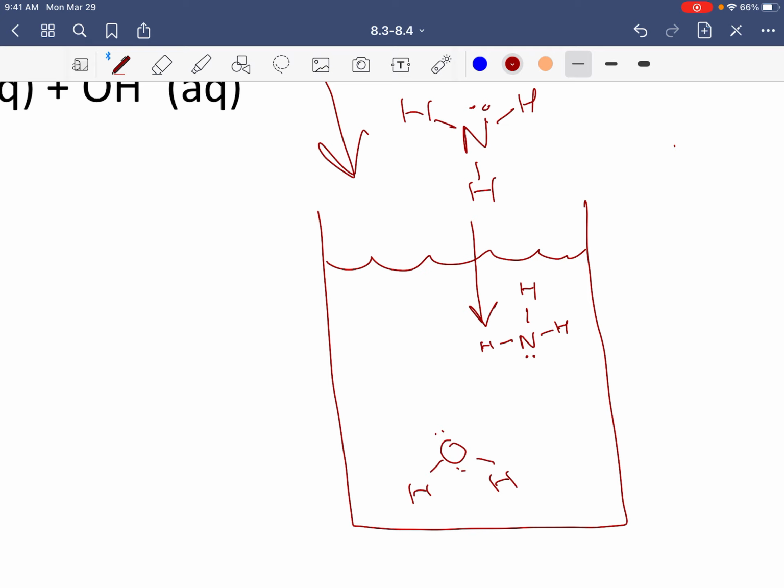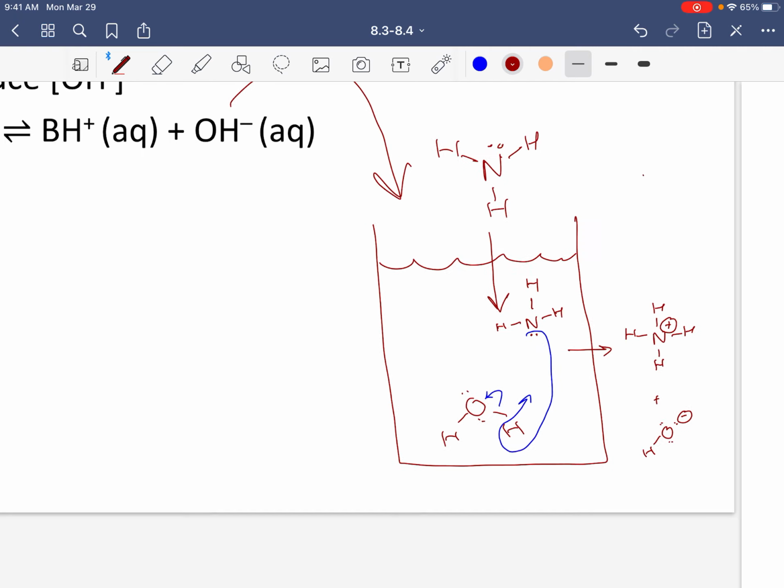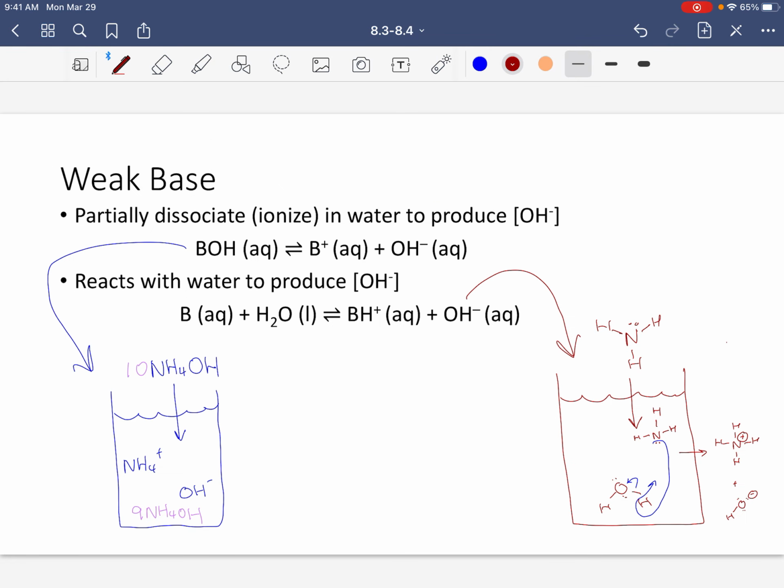So let's take this away, and these two electrons will go over to oxygen, and what you'll eventually get right here is ammonium cation and hydroxide anion. Okay. A different way of looking at base.